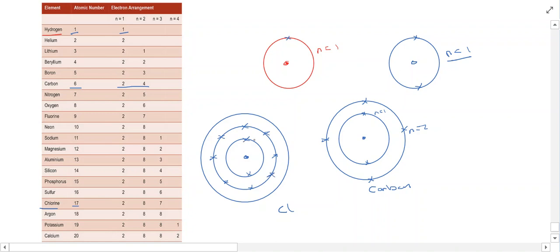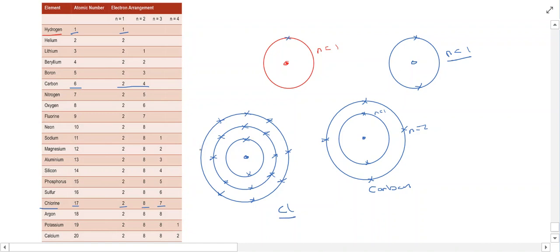So the first and second energy levels are completely full, and then we have 7 electrons left, and they hang out in the third energy level: 1, 2, 3, 4, 5, 6, 7. So that's the arrangement, or the electronic configuration, of chlorine.